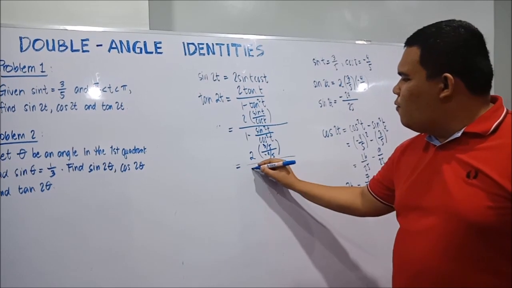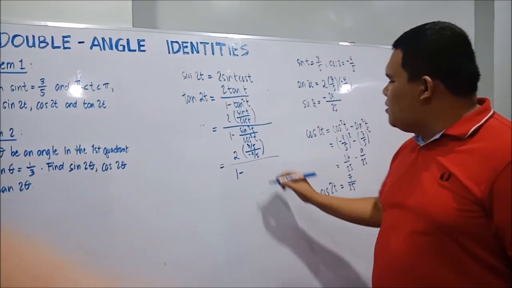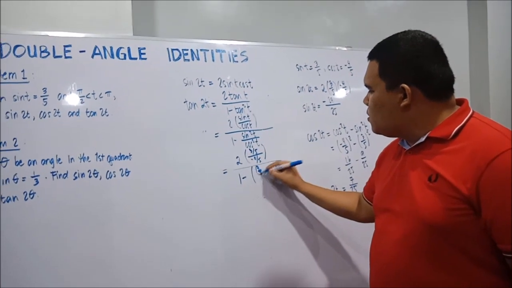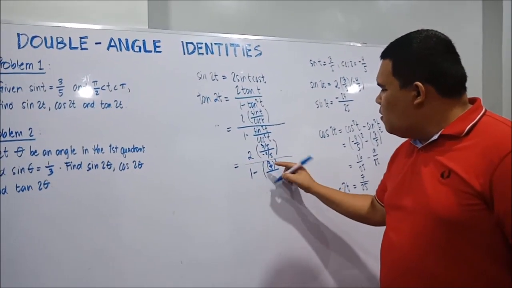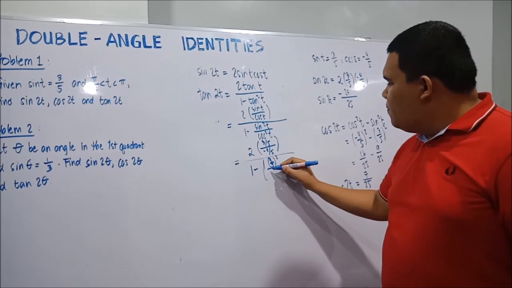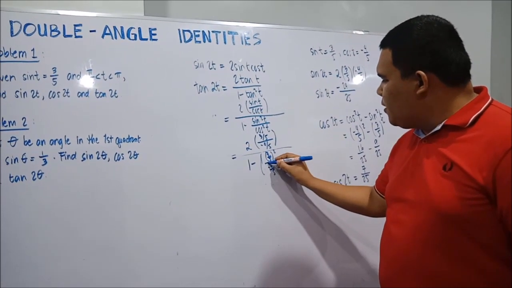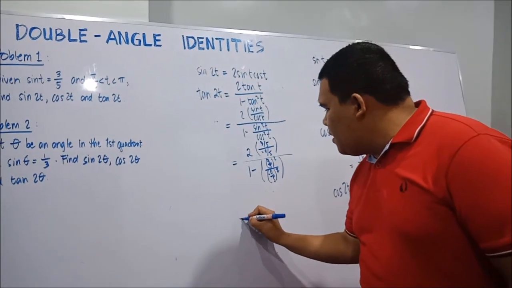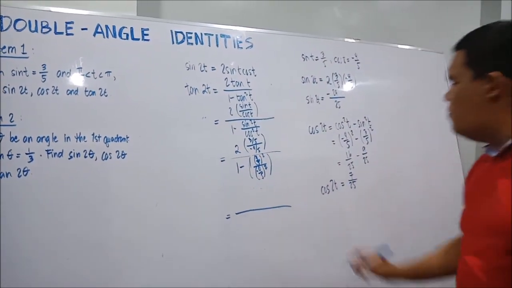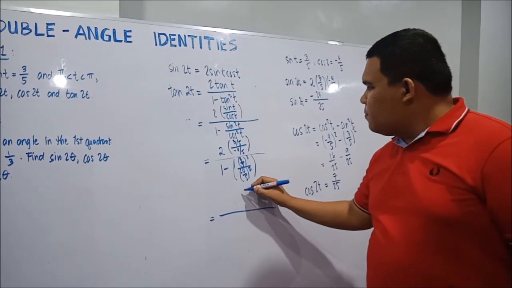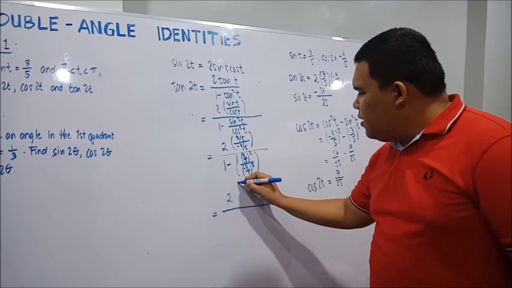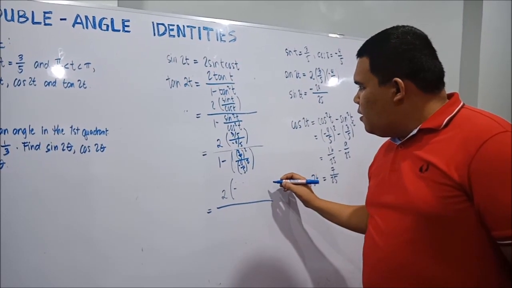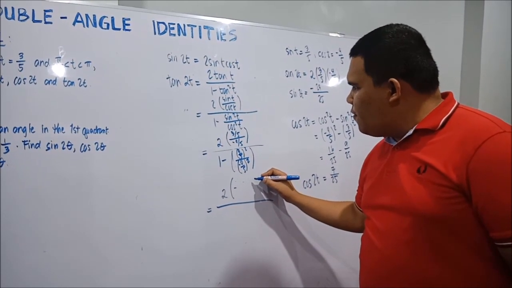And in the denominator, we have 1 minus sine squared t, again 3 over 5 squared, all over negative 4 over 5 squared. Simplifying this, 2 times this is just negative 3 over 4.